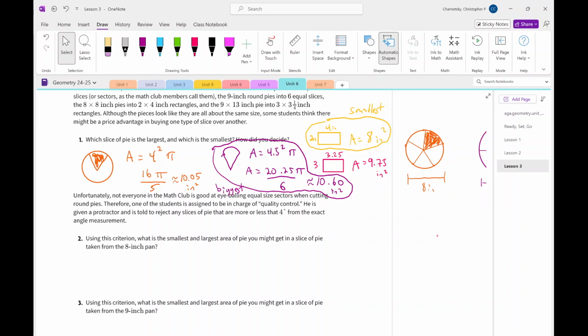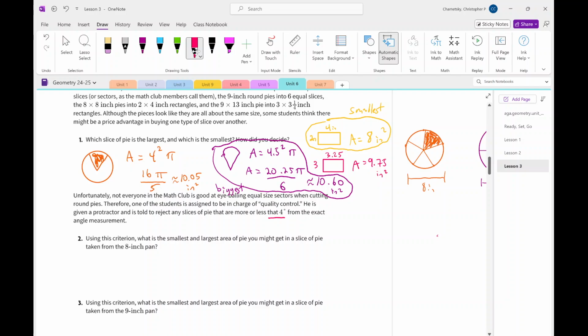So if they were off by either more or less than 4 degrees, what would be the areas that we could potentially get? Like the smallest, if it was less than 4 degrees from being a perfect cut, to more than 4 degrees from that perfect cut.